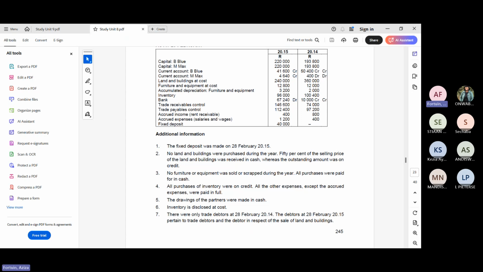So you will have the revenue was 500,000, and then there was a rental income of 4,800, right? And then the opening and the closing balance. So the opening balance of the rental was the 400, right? And then the closing balance of the rental was the 800.